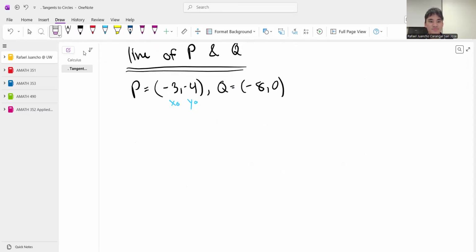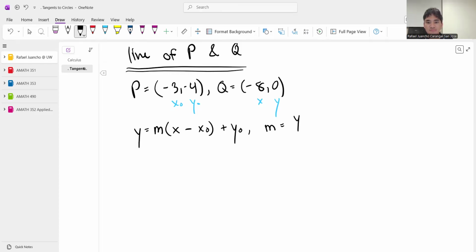Let me redo it. Let's say this is x naught, y naught. This is x, this is y. So that would be something like this. We leave the x and y alone when we're doing this. I think I could do any of them. Okay, let's plug it in.